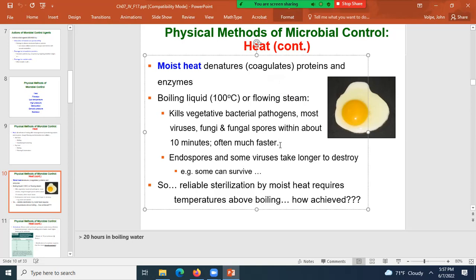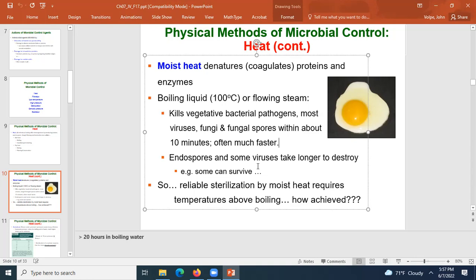Note that boiling does not kill endospores. Endospores and some viruses take longer to destroy. Some endospores can survive greater than 20 hours in boiling water.